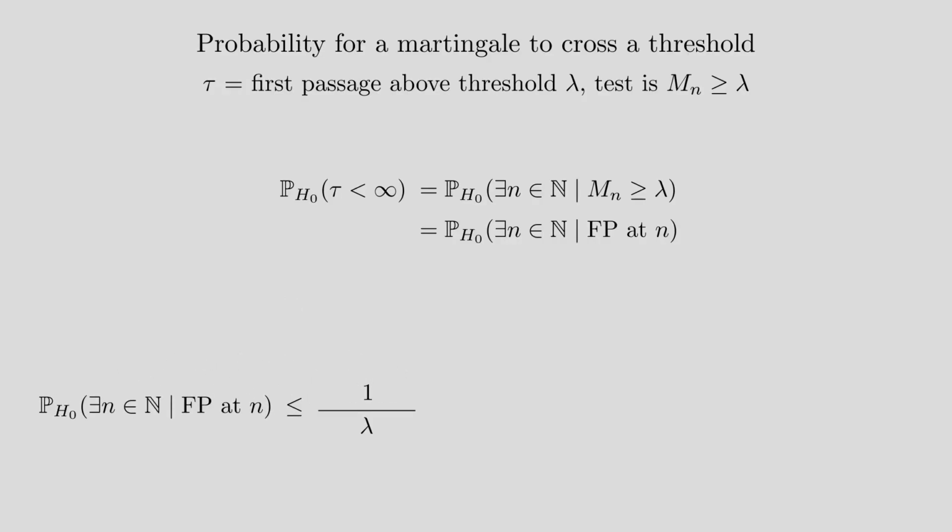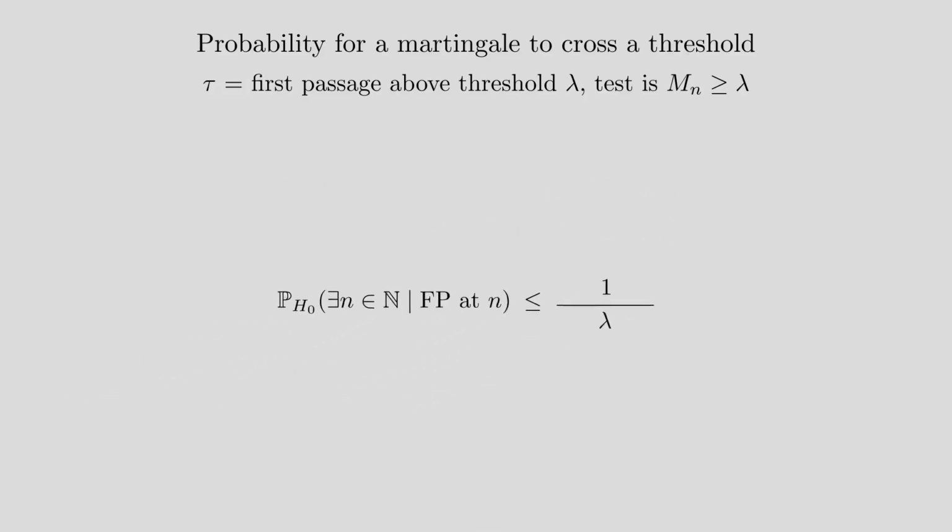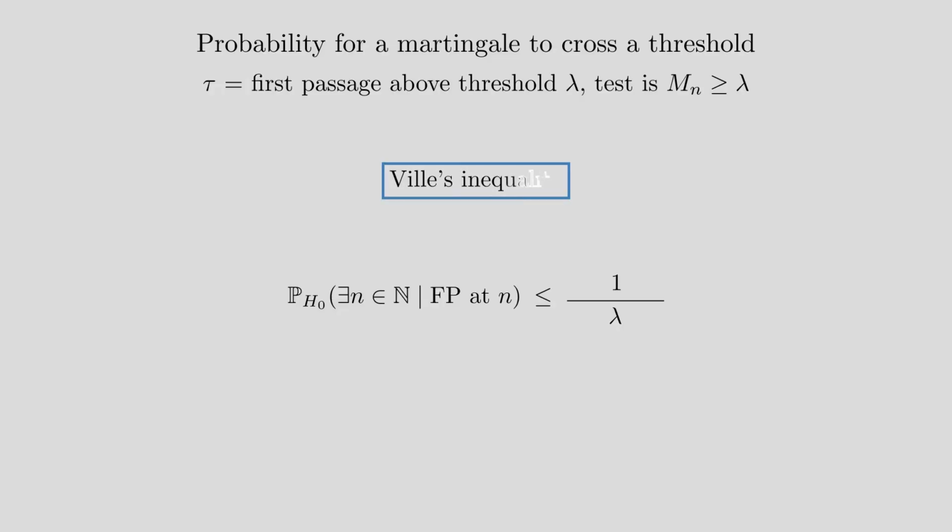So, the average value of the evidence is 1. And here is our false positive probability depending on lambda. This inequality has a name in statistics. It is called Ville's inequality. This means that we can pick our lambda smartly in a way that controls the false positive probability however we want.